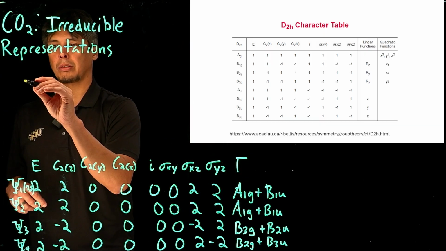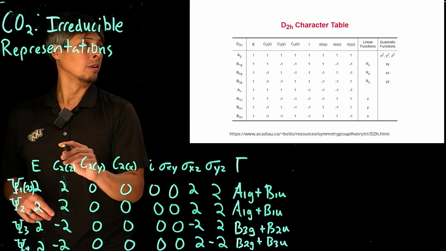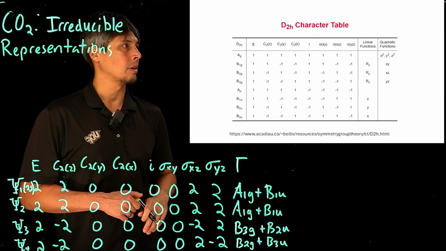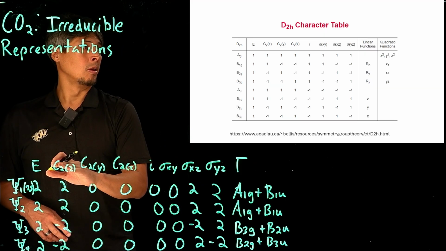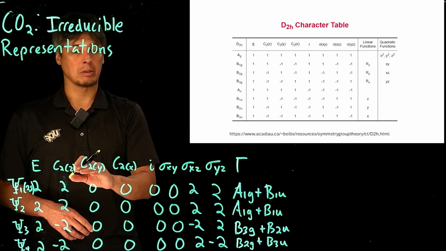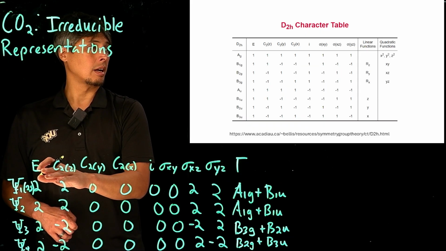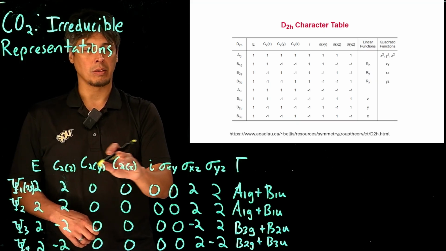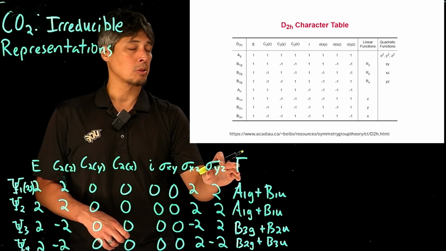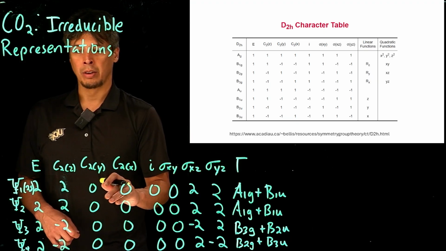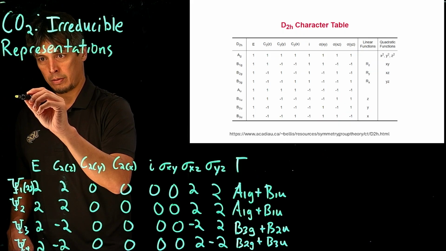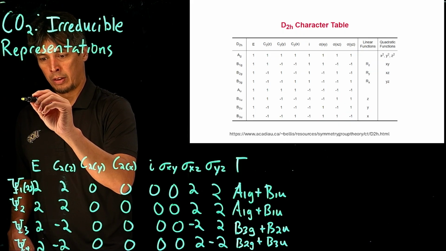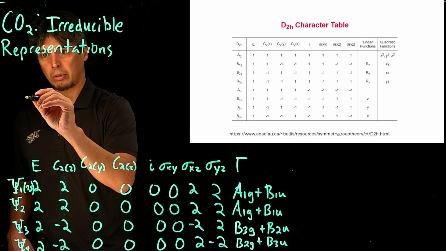So there's another way of doing this. If we look at our character table, for instance the Ag, we have the irreducible representation which shows 1 across each of the symmetry operators. We can determine the coefficient for A1g in gamma by doing the following process.